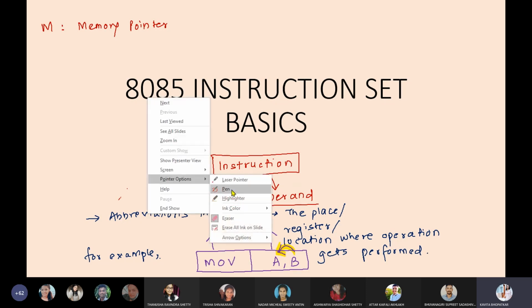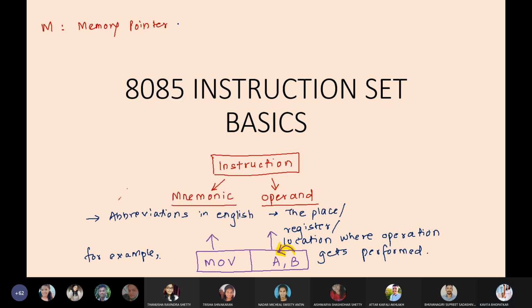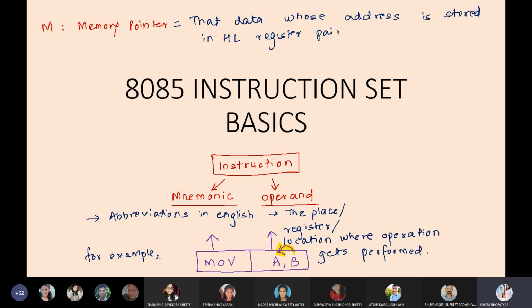Memory pointer is that data whose address is stored in HL register pair at any given instant. यानी कि कौन से पर्टिकुलर पार्ट में, पोजीशन में, कहाँ पे, किस वक्त पे तुम उसे एक्सेस कर रहे हो.